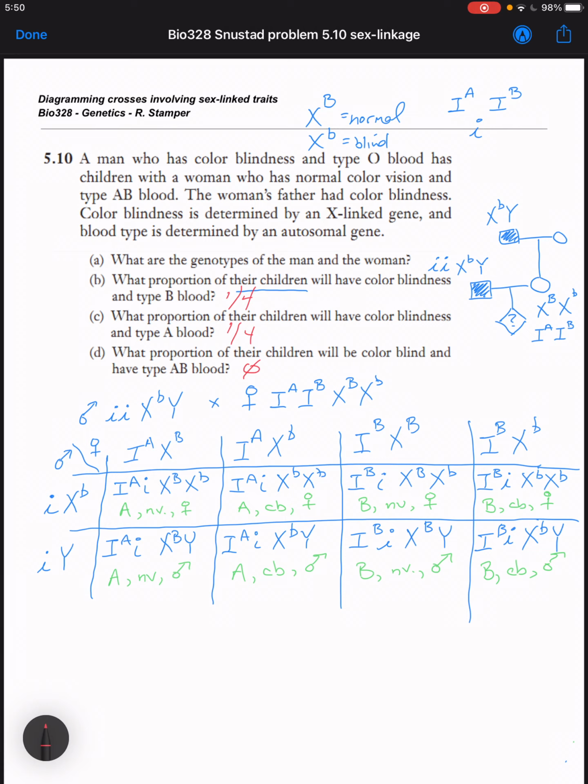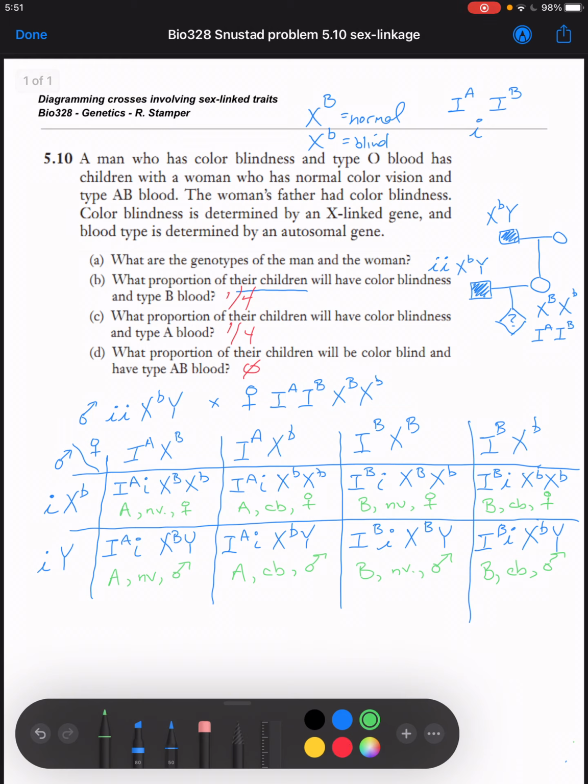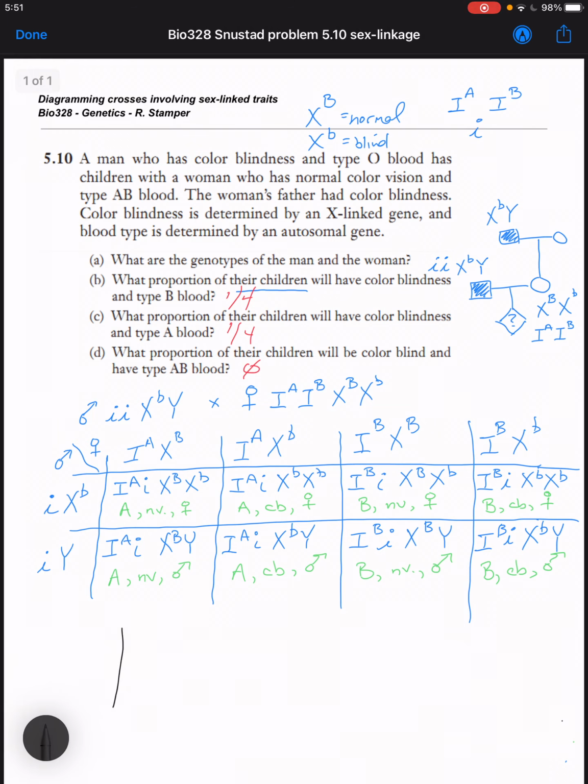If I had done these as 2 separate Punnett squares, just so that you can see how that works, I would have set up one little Punnett square that looked like this with just blood type, and I would have spotted that I'm going to get 50-50 type A and type B blood. So 1/2 type A and 1/2 type B blood.